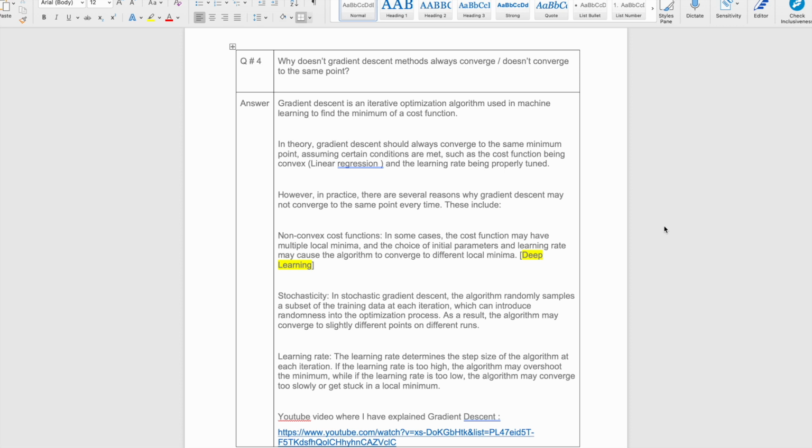The other thing is stochasticity. It looks like a big fancy term, but essentially it means probabilistic, by chance. That's what we do in SGD, or stochastic gradient descent. We take one sample at each point, so it will keep hovering around the minimum, because we are not doing batch gradient descent.